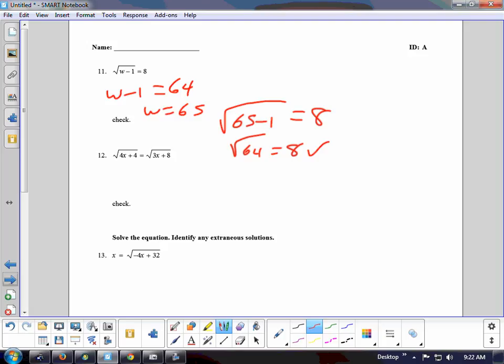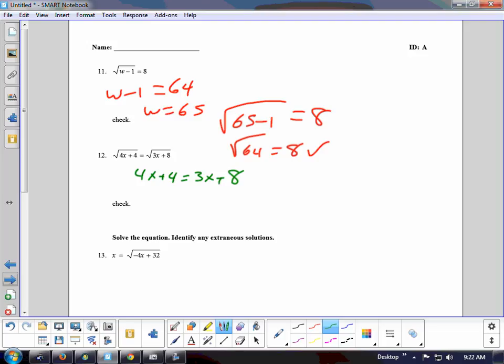Number 12. Radicals are alone. Square both sides. I square both sides to get what's underneath the radical sign. Combine like terms. Get x on one side, numbers on the other.